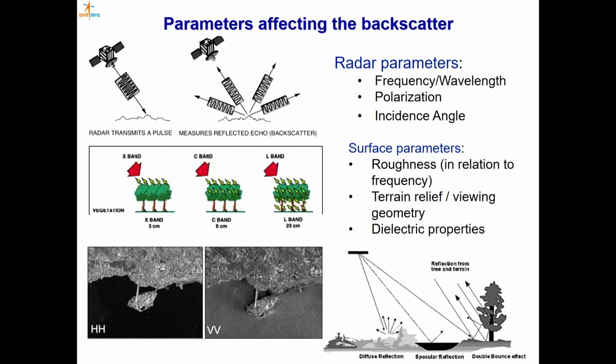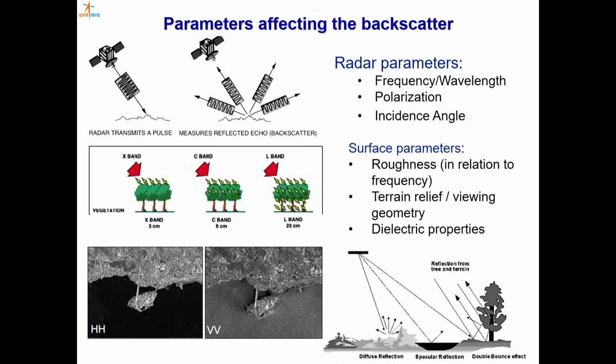As the wavelength increases, the penetration of the signal also increases. So in the first picture, the signal is not able to penetrate and is reflected from the top of the tree. But with C band you have a moderate penetration, and with L band you have a higher penetration. So that is where the role of these bands, their wavelengths, comes into the picture.